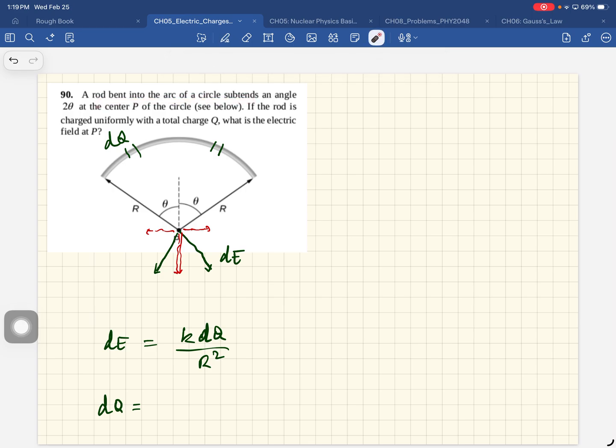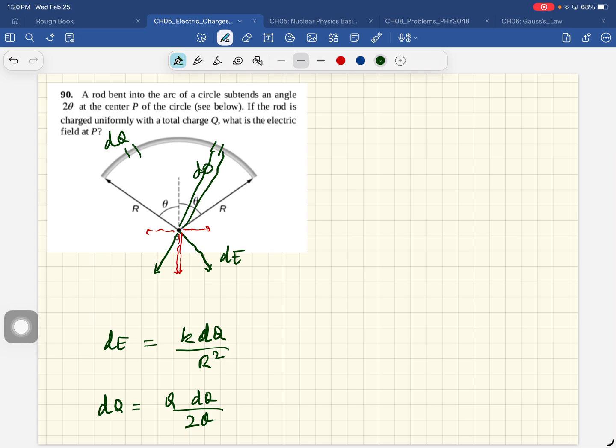Our variable is d phi. So dEy is k over r squared, Q over 2 theta, cosine phi d phi.